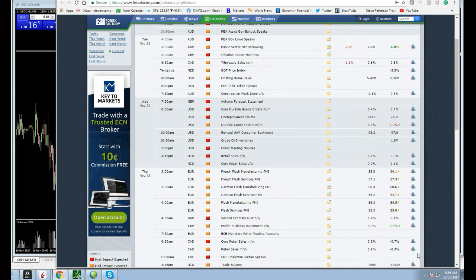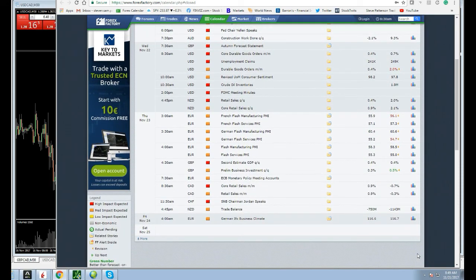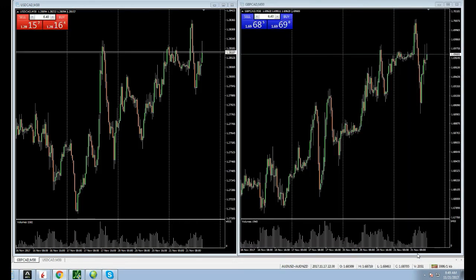But Thursday is going to be a holiday, right? Am I right about that? I'm pretty sure I'm right about that. Thursday is going to be a holiday for the United States, and this week is going to be very low volatility, and I really don't have too many trades working. Actually, I have some Aussie trades working. So really, it's going to be a very slow week for me.